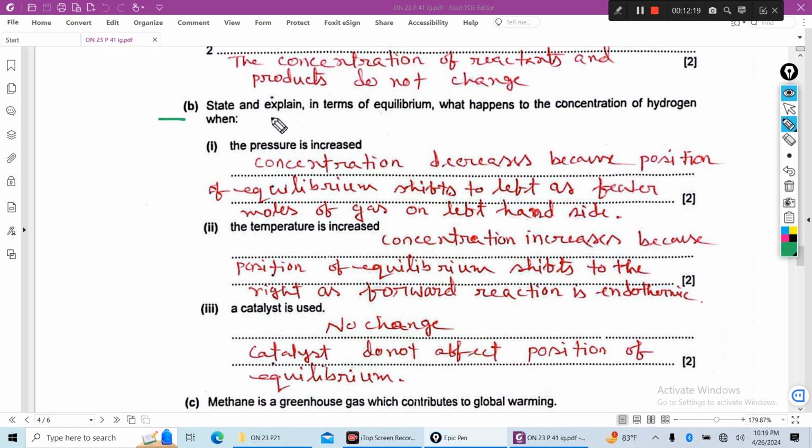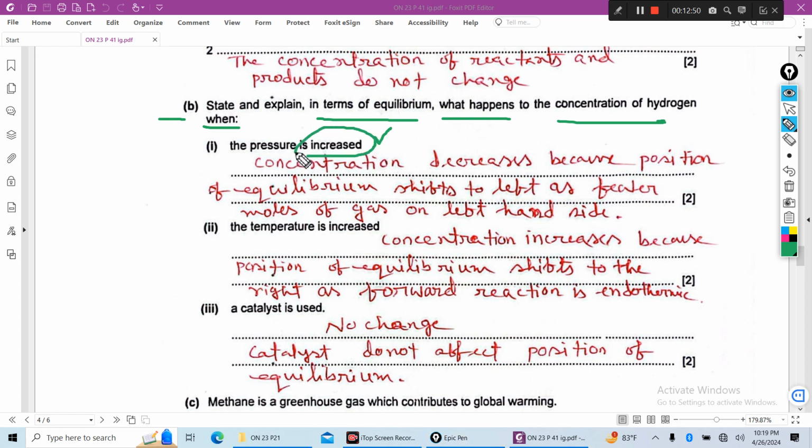Number B, state and explain in terms of equilibrium what happens to the concentration of hydrogen when the pressure is increased. So if pressure is increased, concentration decreases because position of equilibrium shifts to left as fewer moles of gas on left hand side.